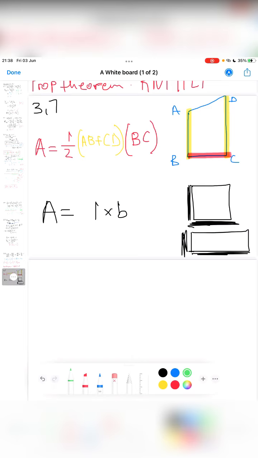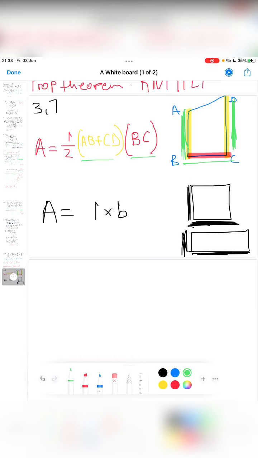We know that it's going to be that multiplied by that, which is what? Which is this multiplied by that. But can you see the vertical lines are not equal? You have this one which is a bit shorter, and you also have that one which is a bit longer there.